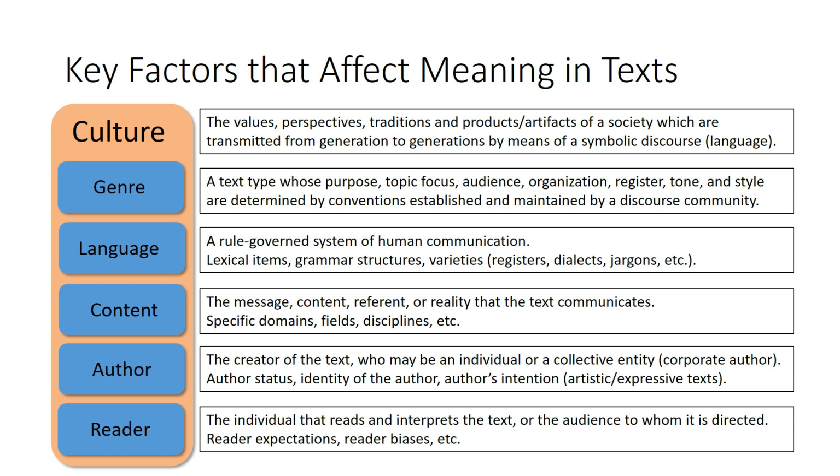Some associated ideas are domains, fields, specific disciplines. For example, if we're looking at a business text, the field might be finance, and the content has to do with investment or something like that.